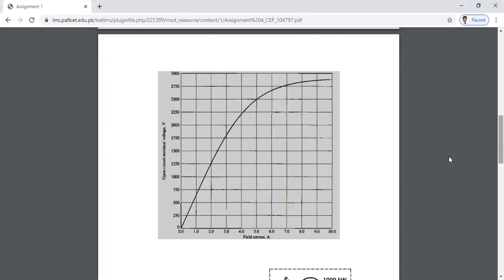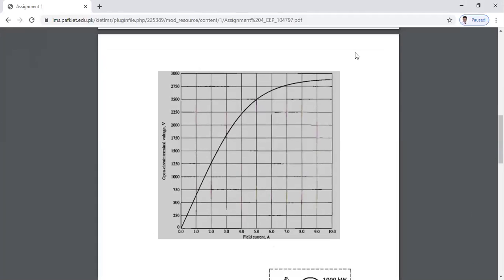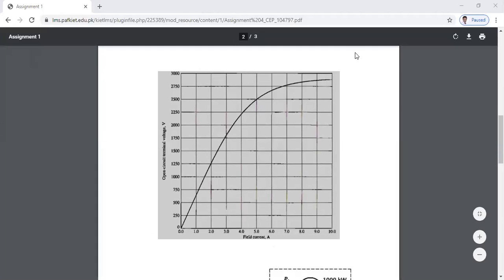Okay, so now what this implies is that in a synchronous motor, what is the equation? The equation in a synchronous motor is: supplied terminal voltage is equal to EA, and this is the phase value, plus IA, the phase value, into RA plus jXS.